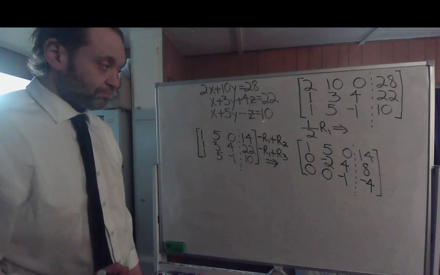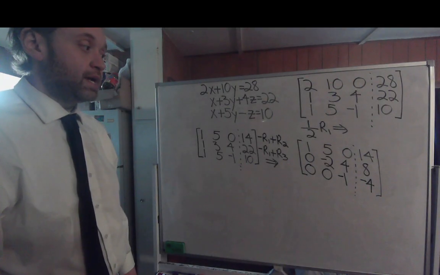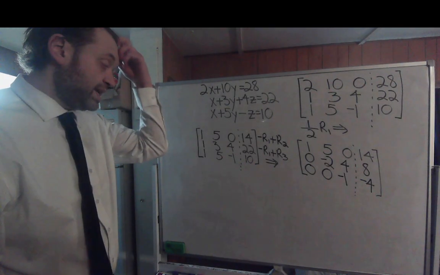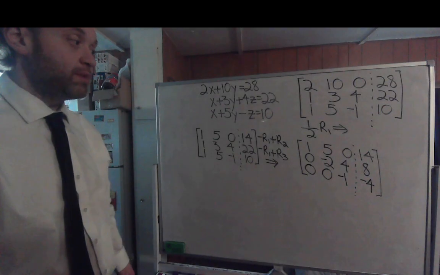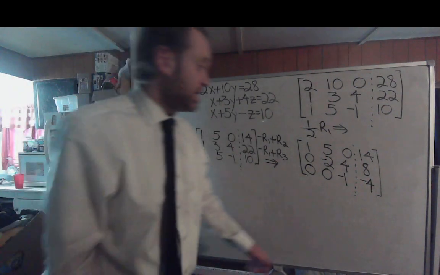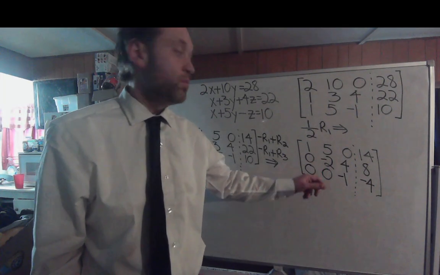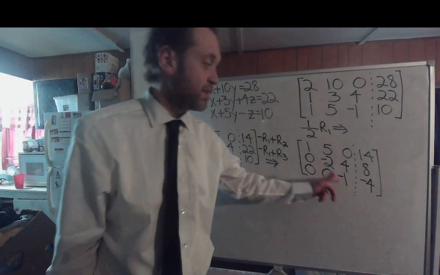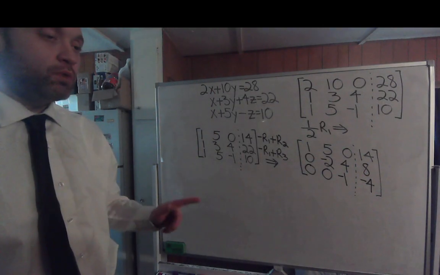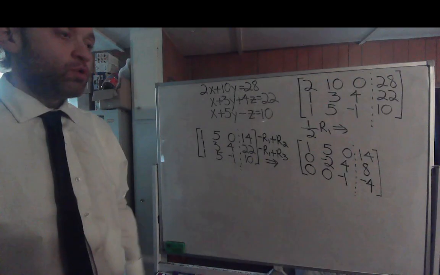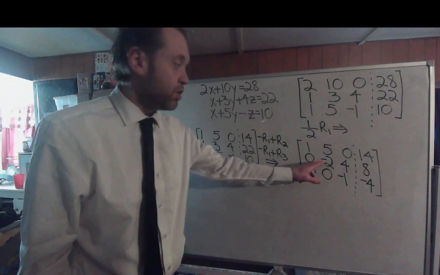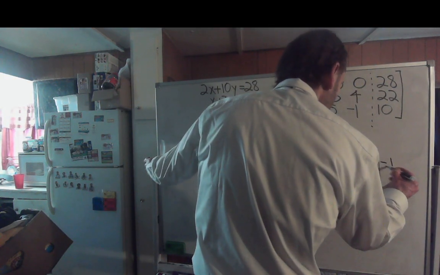Now, first thing I'm going to recommend, we can actually do both at once if you think about it, because the leading digits in both the second and third row are not 1. We have that in the first row, but in the second and third row, the leading digits are not 1. In order to make the leading digit in the second row 1, we have to take negative 1/2 of row 2.